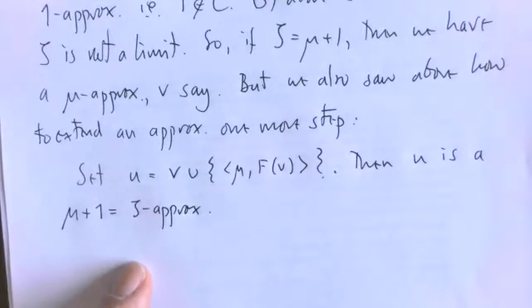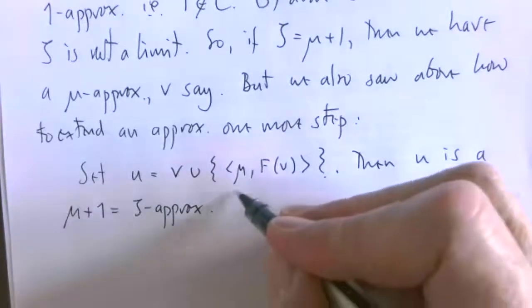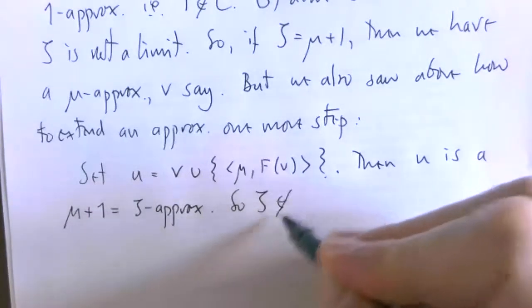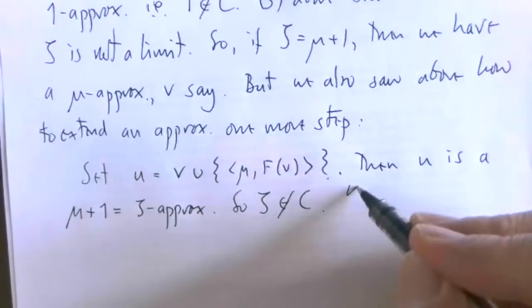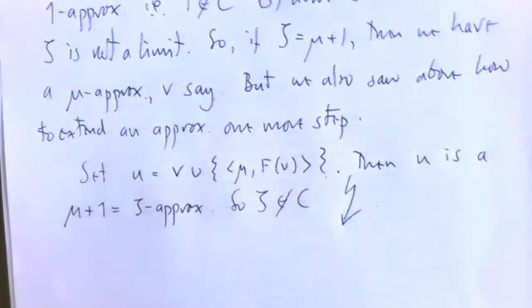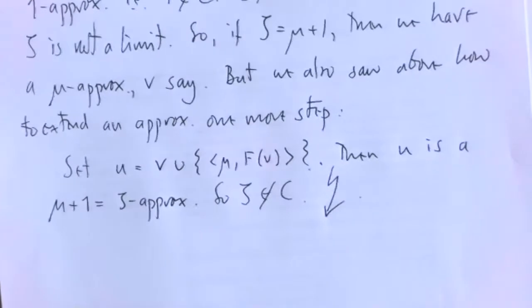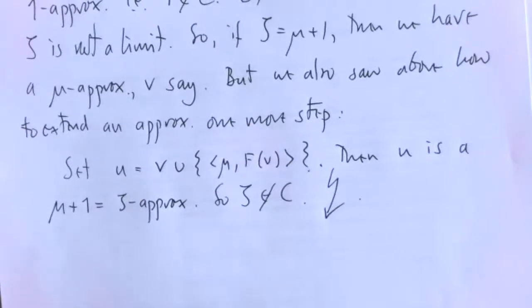So there is such an approximation. So zeta is not in C. So this is a contradiction because zeta was assumed least in C. So C is empty.